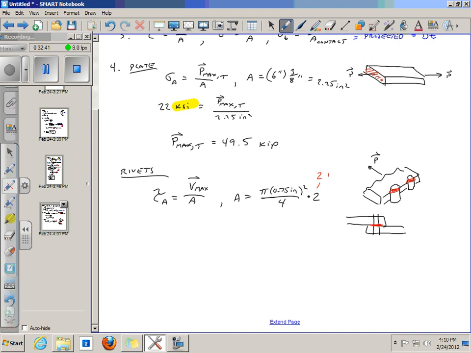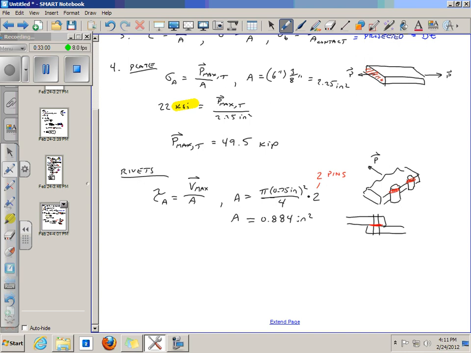So our shear area is equal to 0.884 square inches.